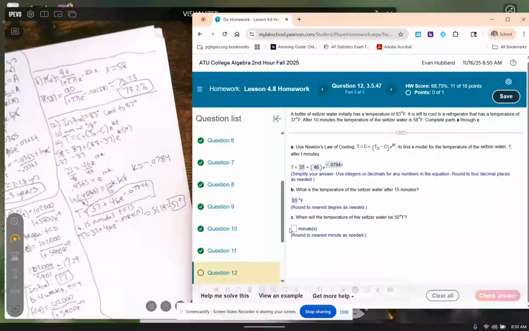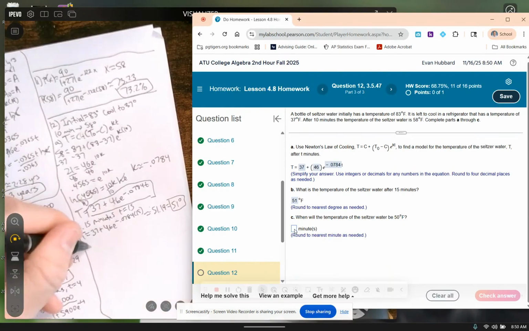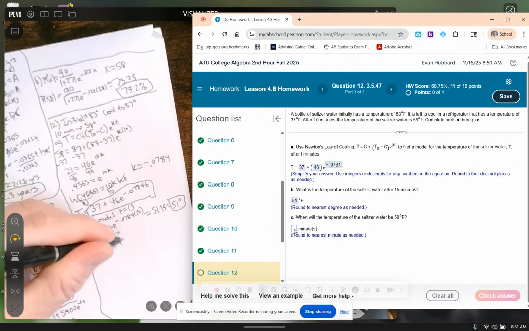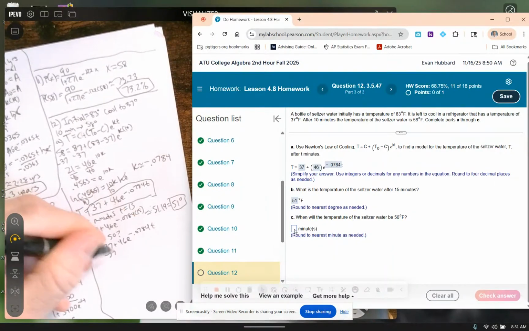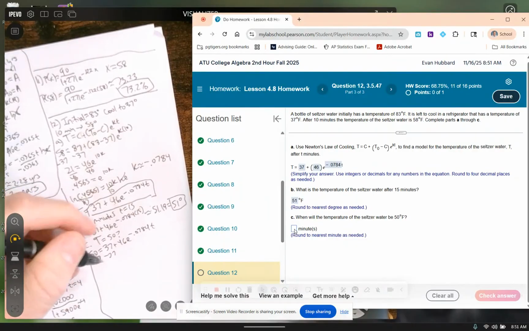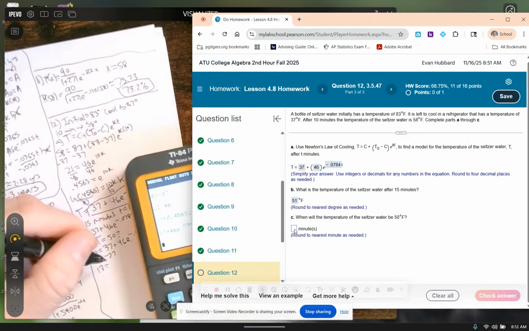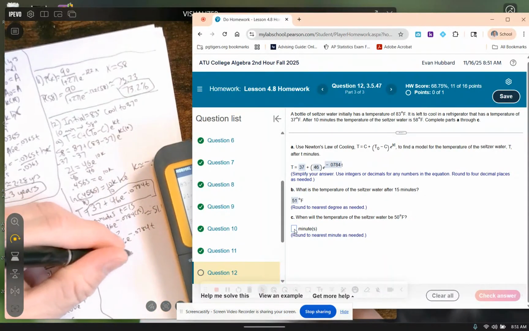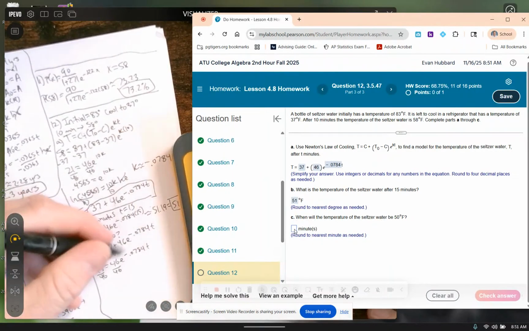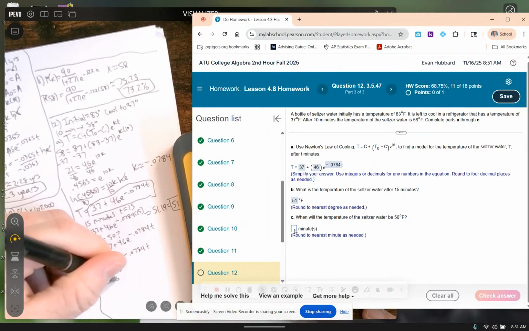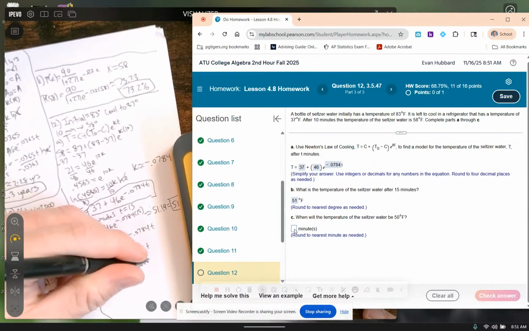When will the temp reach 50 degrees? So when will T equal 50? So 50 equals 37 plus 46 e to the negative 0.0784 t. So subtract 37, subtract 37. So I've got 13 equals 46 e to the negative 0.0784 t. Divided by 46, divided by 46. So 13 divided by 46 is 0.2826, and that's e to the negative 0.0784 t.